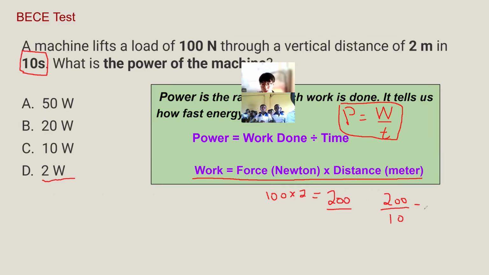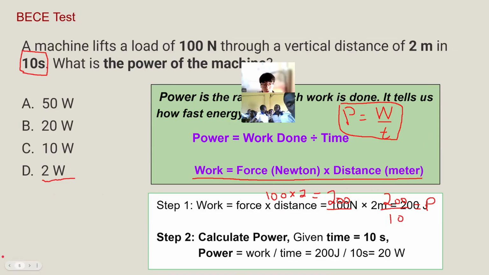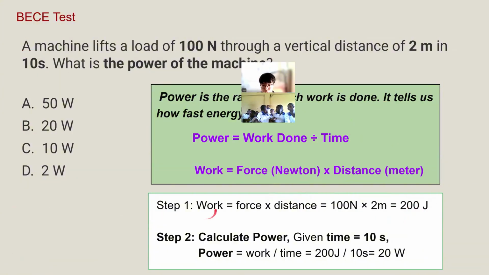B. Yes, that is right. The answer is B in this case, because I put the work here. So work is force times distance, 100 times 2, which is 200.